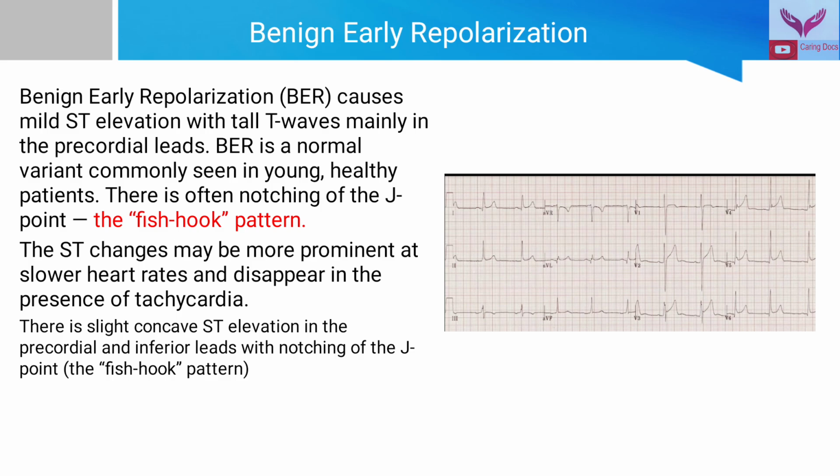The ST changes may be more prominent at the slower heart rates and they disappear in the presence of tachycardia. In this ECG, we can see there is slight concave ST elevation in the precordial and the inferior leads with the notching of the J point, that is the fish hook pattern.